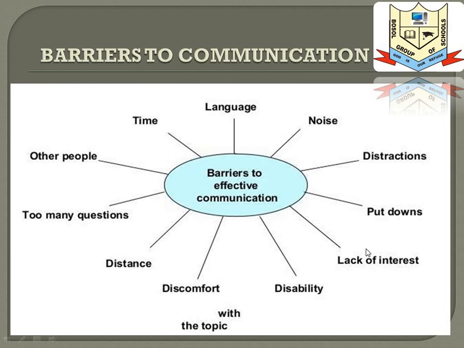Put downs, lack of interest, disability, discomfort, distance, too many questions, or other people. All this will not allow feedback or proper communication. So to have a proper communication, one must ensure that there are no barriers to communication.